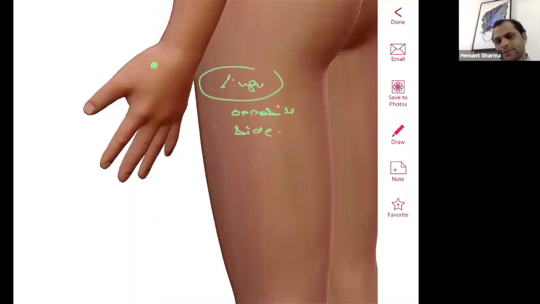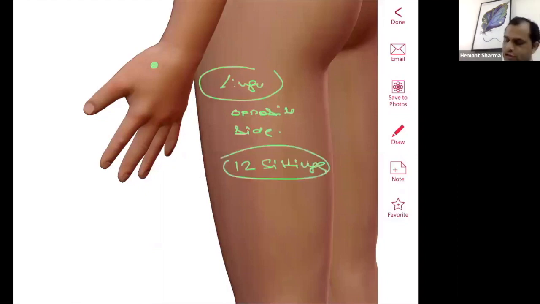Sometime one day, what happened? One lady came to my clinic with a complaint of sciatica pain, and I told her, okay, you have to come for 12 sittings minimum. So she told me, okay, doctor, can you demonstrate one point so I can experience how much pain relief there is?